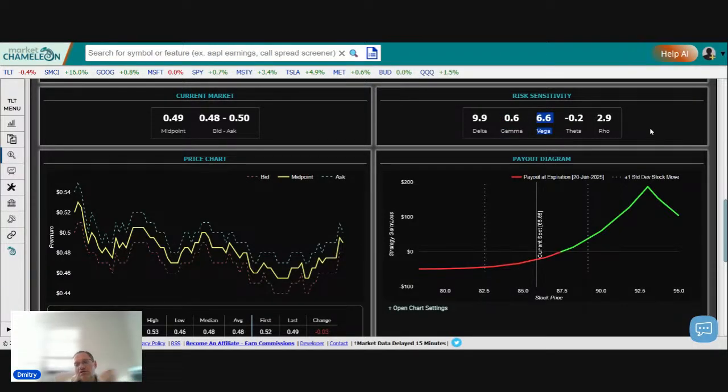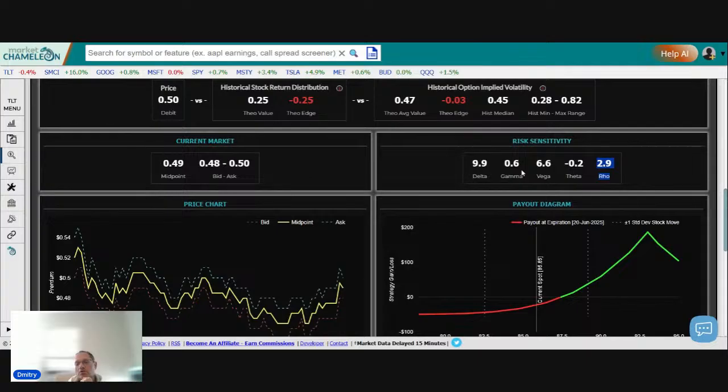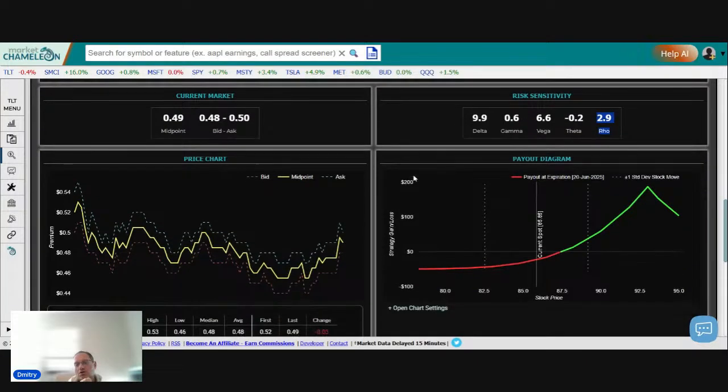Your vega is positive because you're long the longer dated option that has a higher vega than the shorter dated option. You have negative theta and positive rho. So we'll look at this a little bit more once we come to a different tool, once I leave this page.